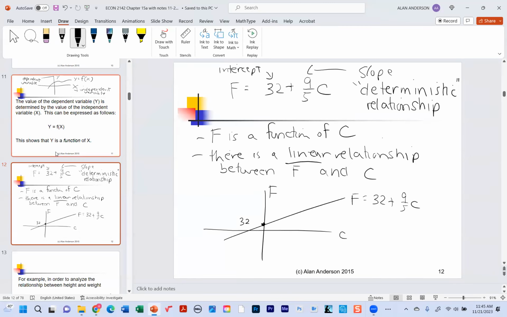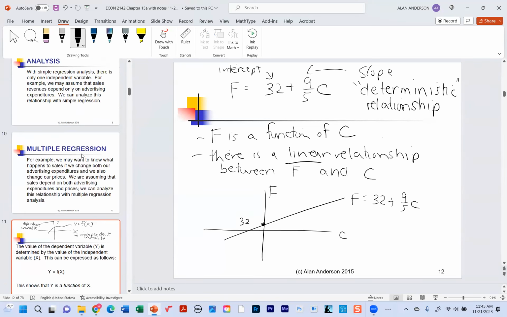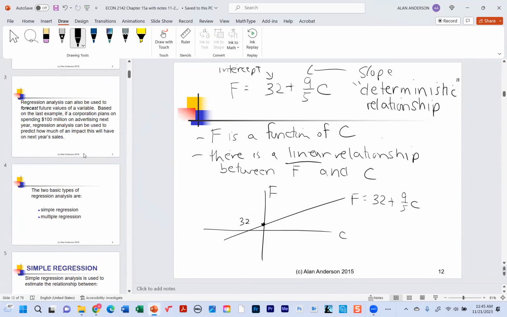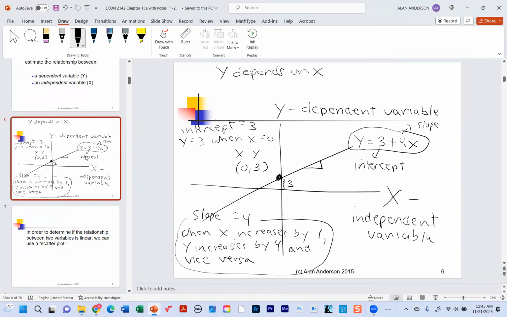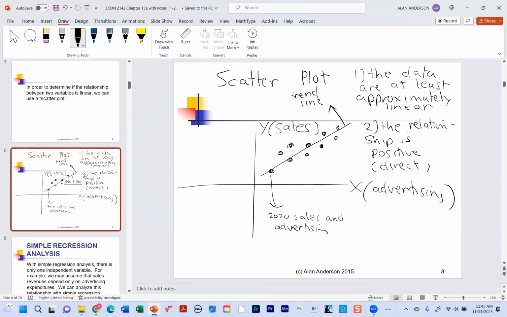The one we're seeing here with our sales and our advertising, because there can be some deviations in there, this is sometimes referred to as a probabilistic relationship.